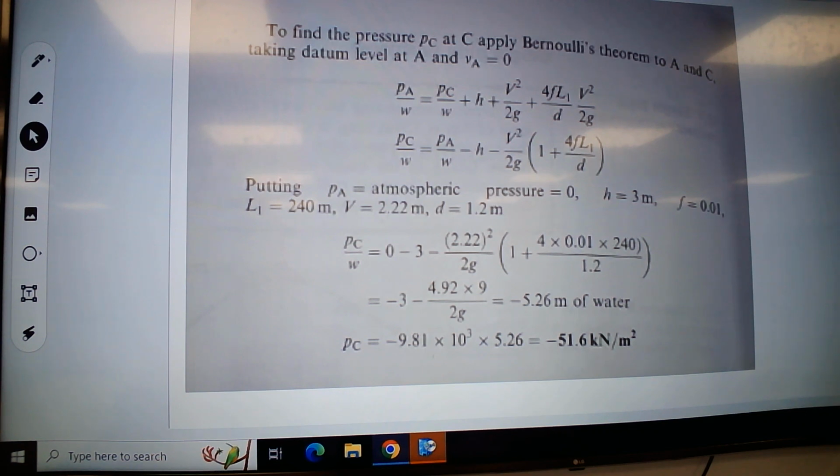The value for the height, I'm just going to put that in. Pressure PA is the atmospheric pressure, so 0 over W is going to be 0. The velocity is 2.22, which we found a minute ago. 2g is 2 times 9.8, and that one you can leave as it is, up to you how you want to do it.